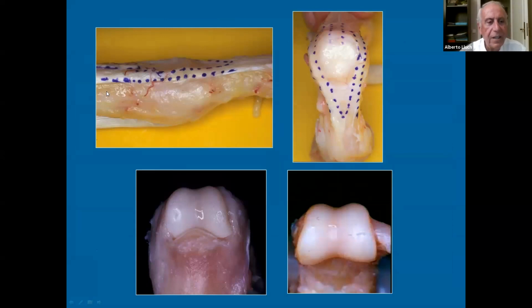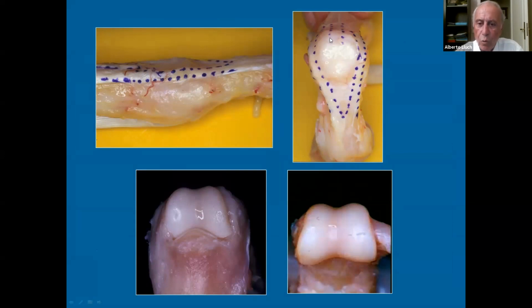Here's the finger in full extension with the picture taken from one side, lateral band dorsal to the axis of rotation, and central slip inserting here at the base of the middle phalanx. And here, with the finger in flexion, is a picture taken from the end of the finger towards the wrist.